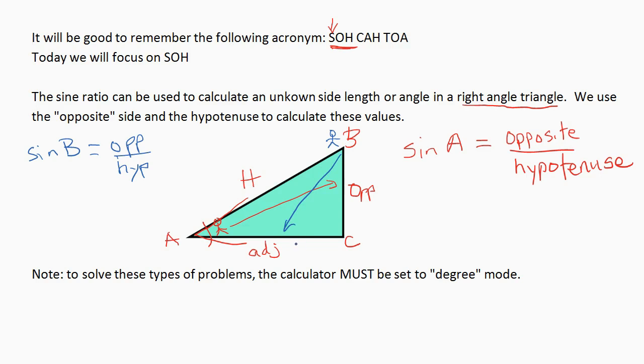Now this is the opposite side from angle B's perspective, and this would be the adjacent side from angle B's perspective. And the hypotenuse will always remain the same. It's always the longest side. So you have to really pay attention to which angle we're talking about before you can figure out which side is opposite and which side is adjacent.